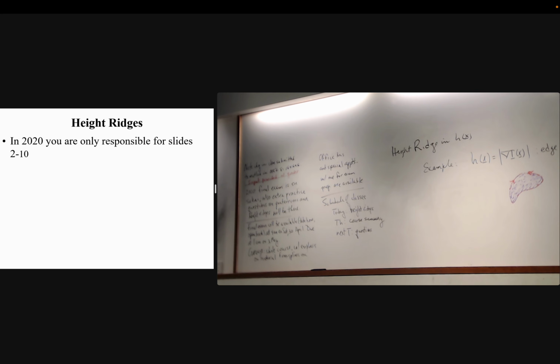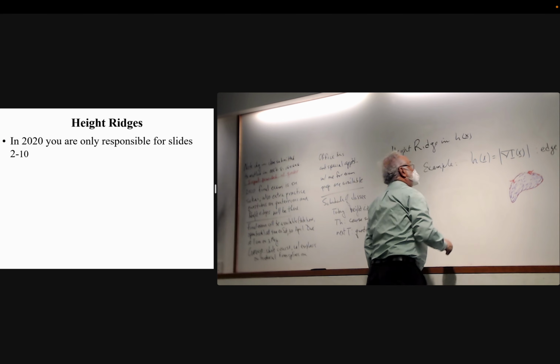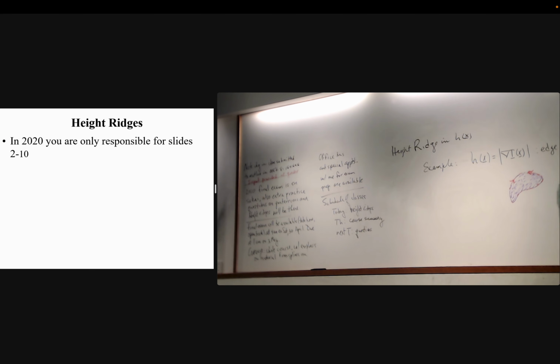We're only going to focus on one of them. If I have time, I'll talk about one other than the one we're going to talk about. The one we're going to talk about is called height ridges, and it's a particularly well understood definition.